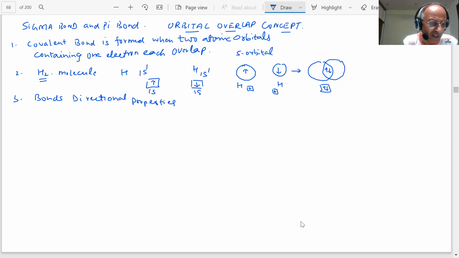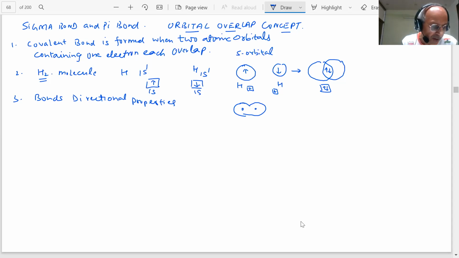Now, the interesting thing is, students, this was a case where there was only one electron in the s orbital. When there is an s and s orbital overlapping, you can see that these two orbitals are now not atomic orbitals; they become molecular orbitals when they overlap.